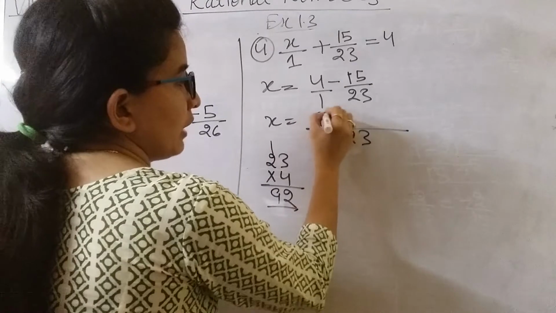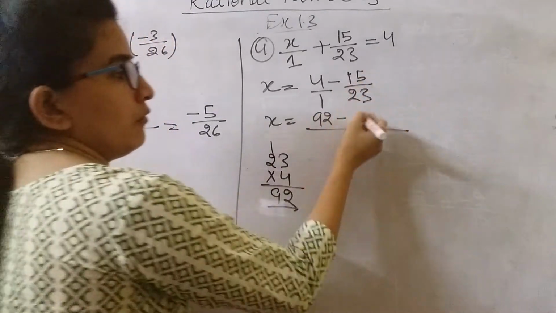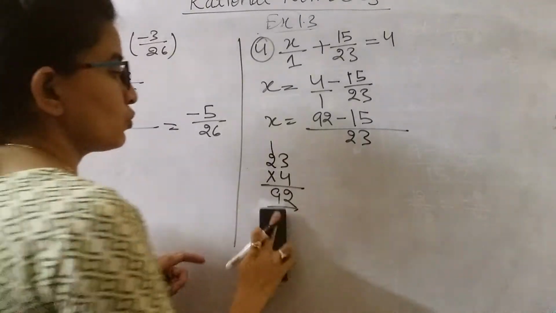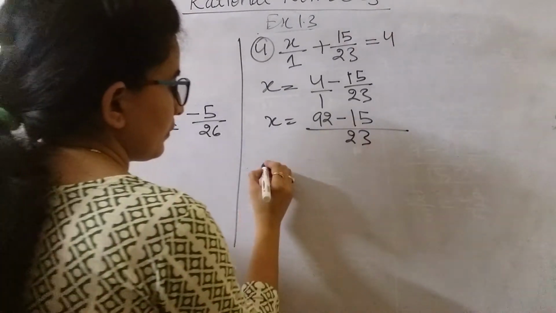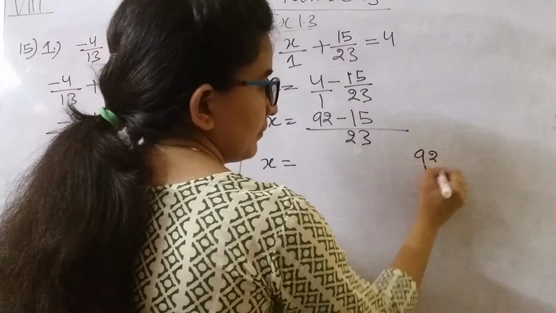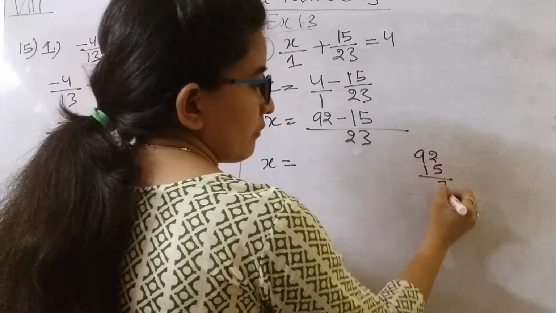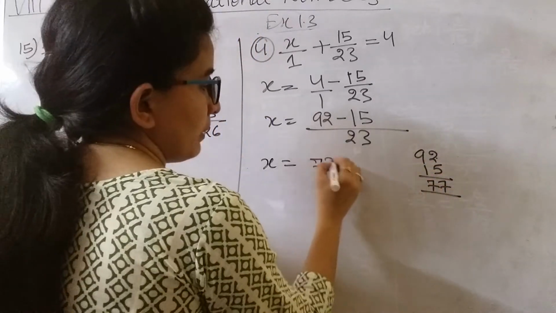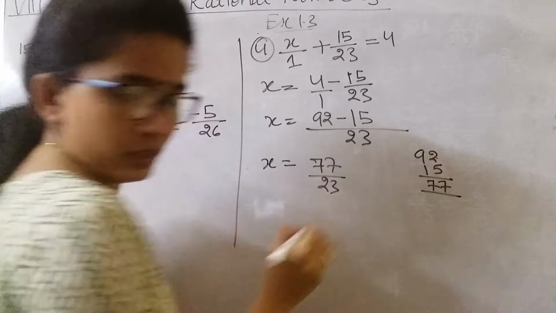So we have 92 and here we have minus 15. So the value of x will be 92 minus 15, that is 12 minus 5 is 7 and 8 minus 1 is 7. So it will be 77 upon 23.